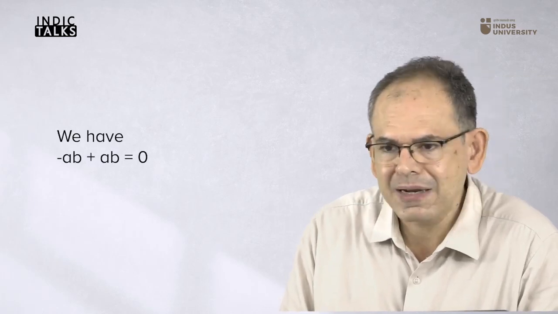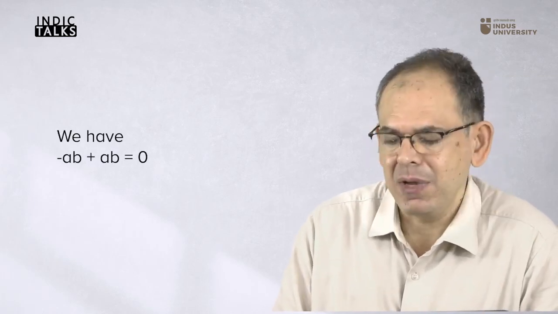Thus, we have minus ab plus ab equals 0. Now, this is how multiplication between a negative number and a negative number is defined, such that the multiplication obeys the distributive rule of multiplication. Now, we can put this as a rule. Multiplication of a negative number with a negative number gives us a positive number.